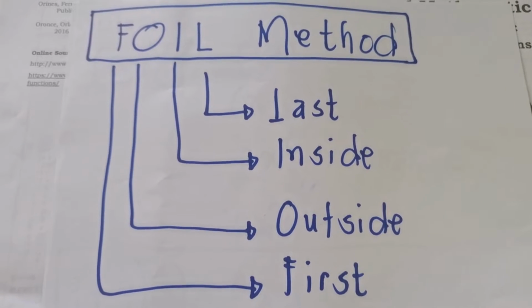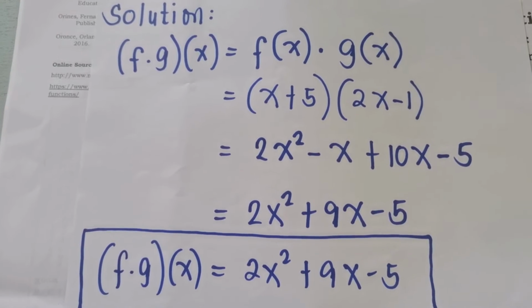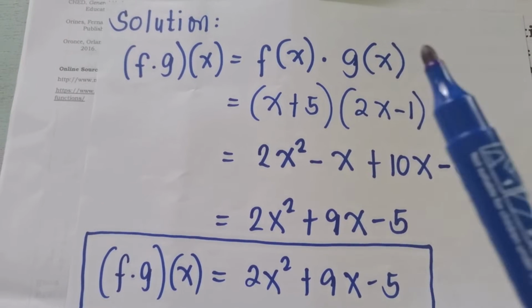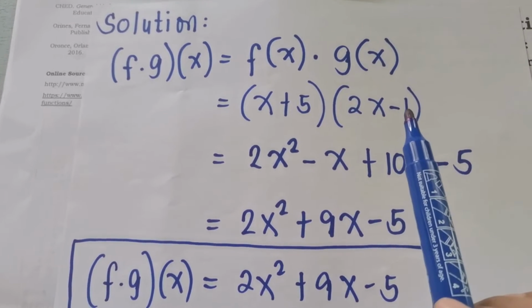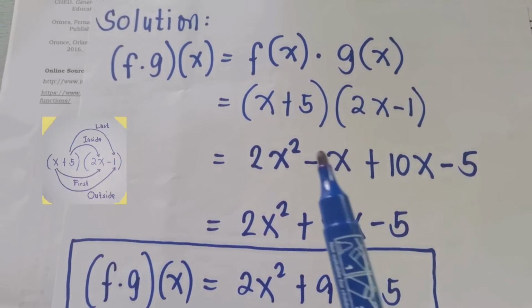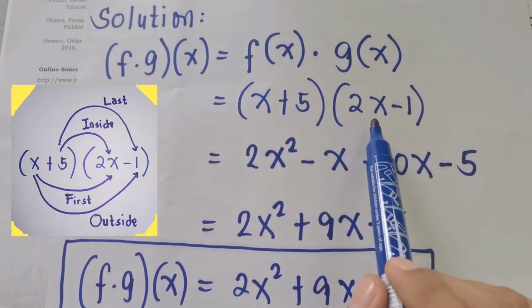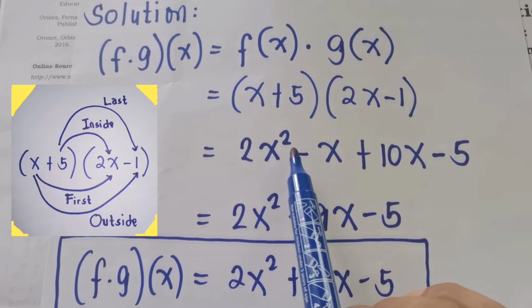So now we will multiply x plus 5 and 2x minus 1. For the first, x and 2x, that is 2x squared.